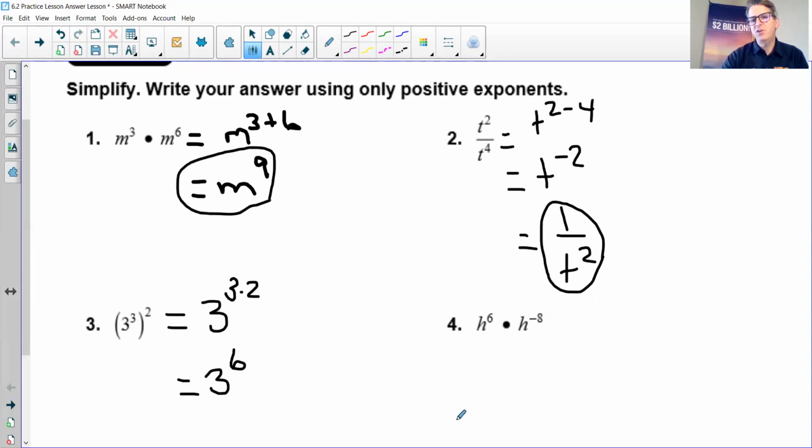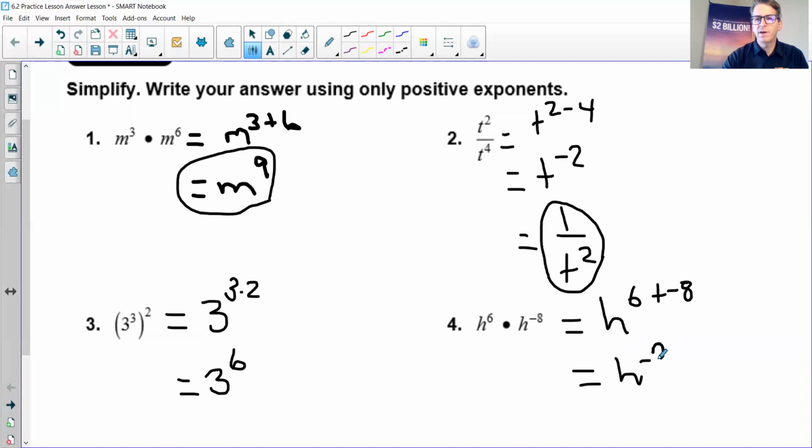Number 4, h to the 6 times h to the negative 8. Same base of h. So in this case, just like with number 1, you're adding the exponents. H to the 6 plus a negative 8, and that becomes h to the negative 2.